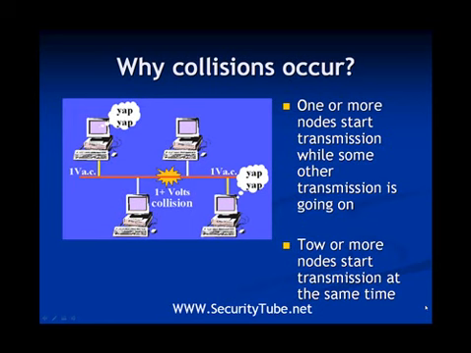Now why exactly do collisions occur? If one or more nodes start transmission while some other transmission activity is going on, a collision is bound to happen. Again, if 2 or more nodes start transmission at the same time, a collision will happen. Now how exactly will computers find out whether a collision has occurred? To know the answer, we should know what exactly takes place when packets are transferred by the computer.